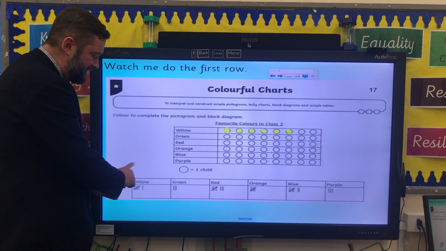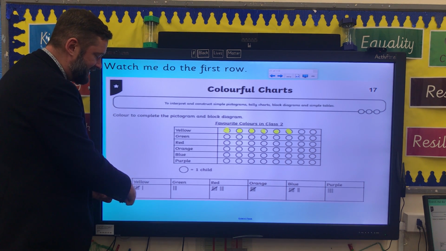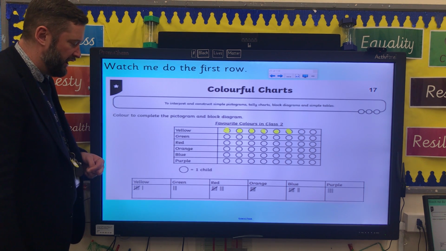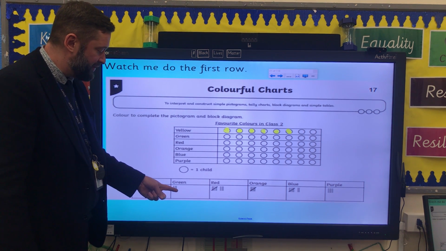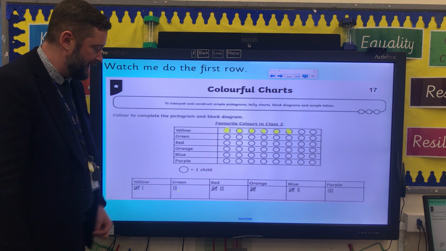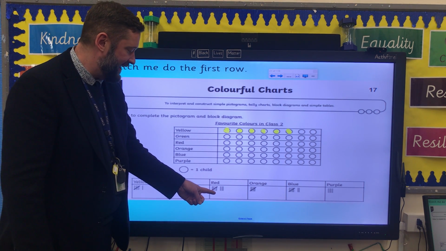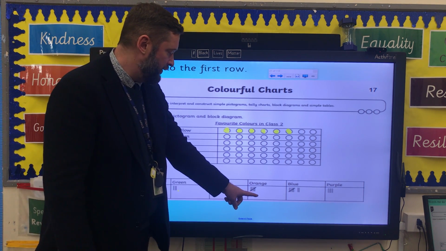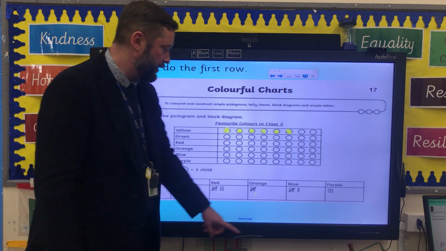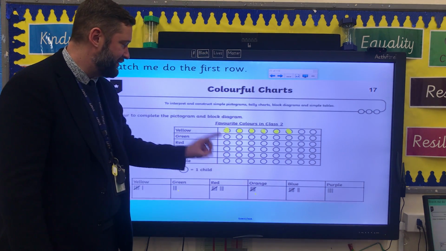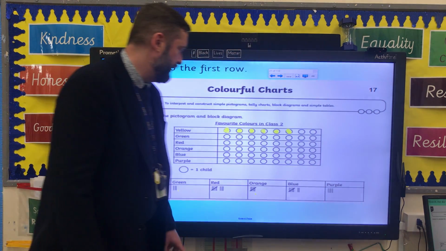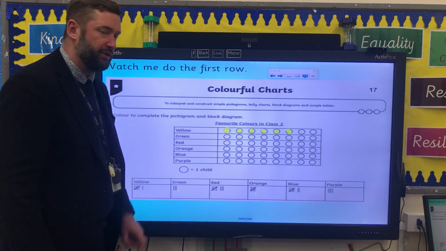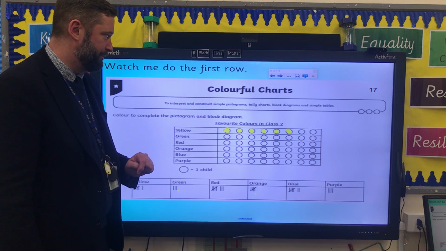So, I've shown on my pictogram that 6 children said that yellow was their favourite colour. Now all you need to do is represent green onto your pictogram. How many children said red was their favourite colour? You colour in that number of circles. Orange, you complete this row. Blue, you complete this row. And purple, you complete this row. So you're taking the tally information and putting it onto the pictogram.